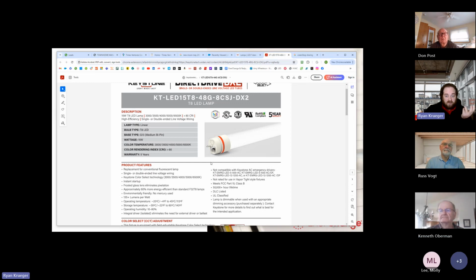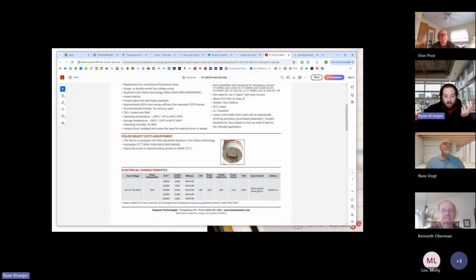Wattage is 15 watts. This specific tube is color selectable. So if you don't know what the existing Kelvin temperature is, or you're not 100% sure, or everything in the building is a different Kelvin temperature, you can buy this tube, switch the dongle to the color that you want, and then rinse and repeat across the entire building.